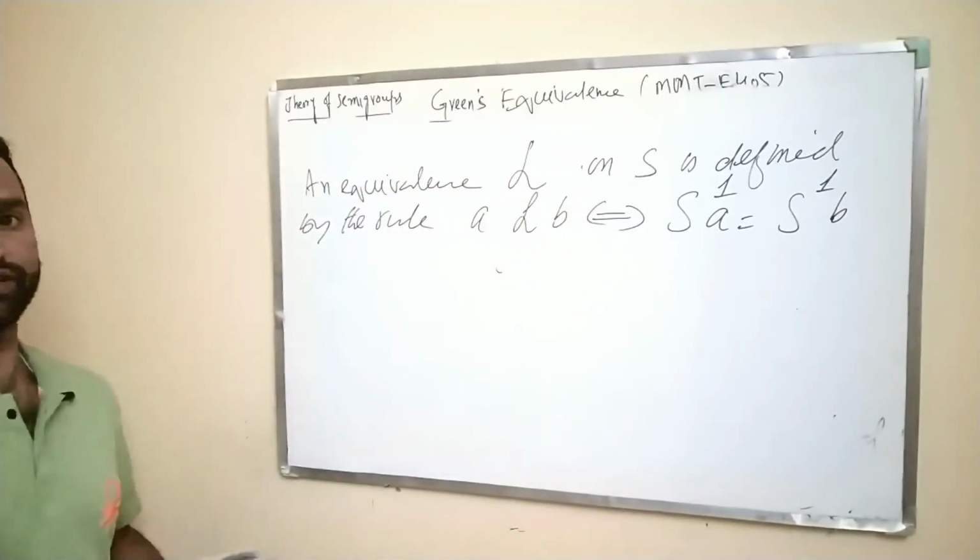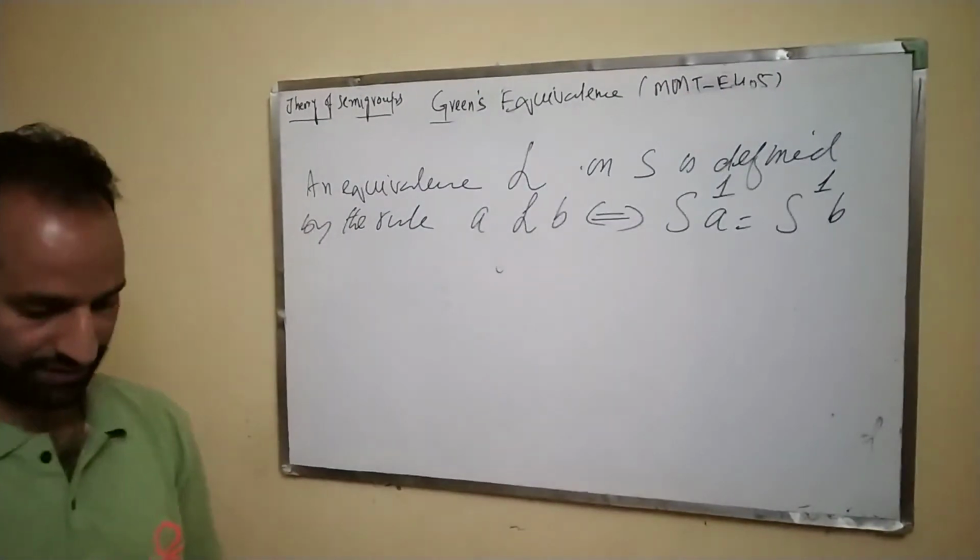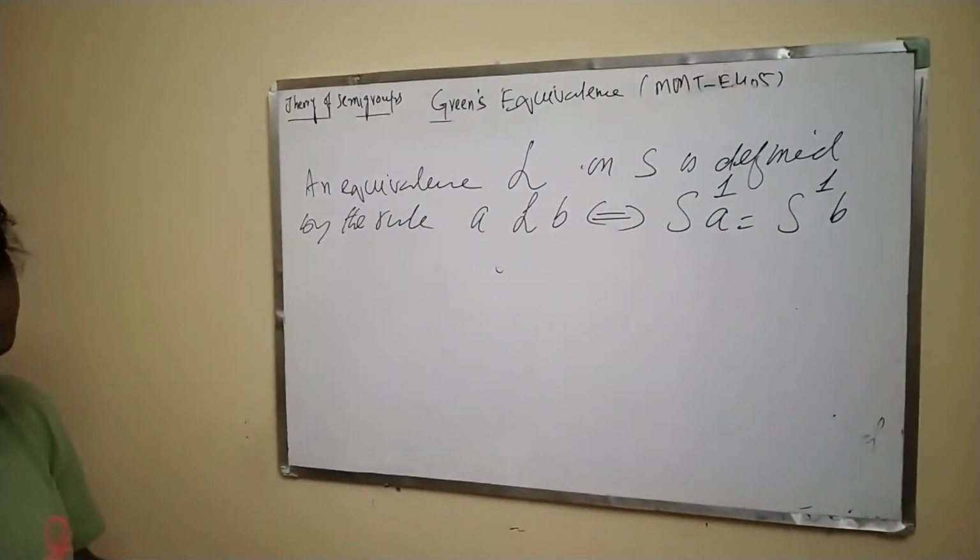So if and only if they generate the same left ideal, then we can say they are L related.